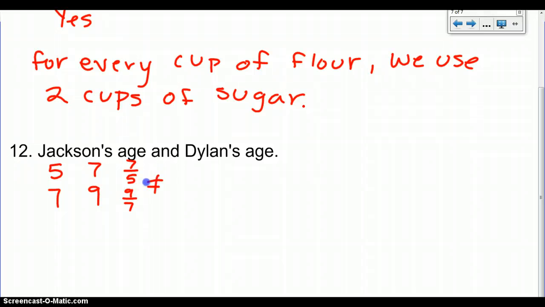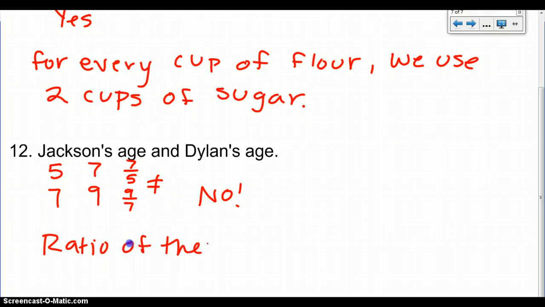They are not equal. So it is not a direct variation. So no, because the ratio of their ages isn't the same.